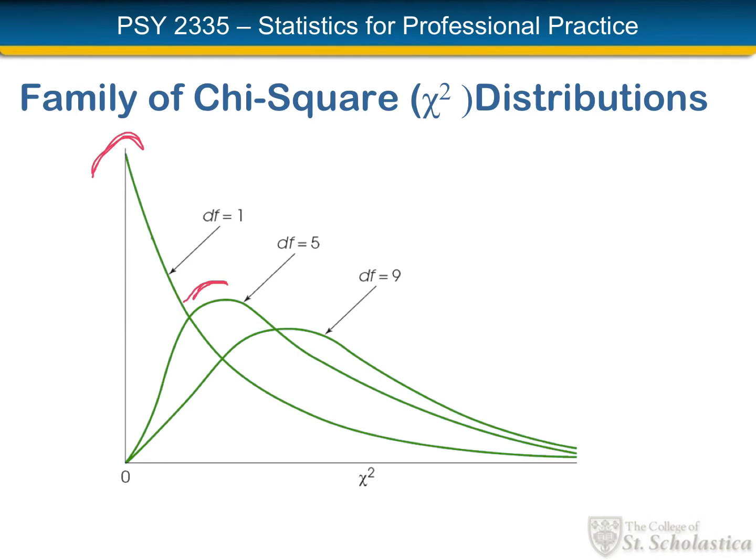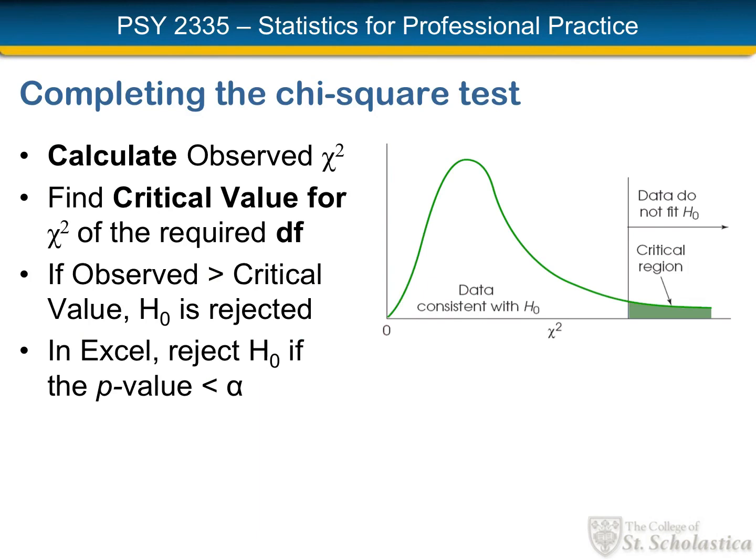And as we get a larger and larger number of categories, the highest point of the curve moves to the right. But all of the curves have that same positively skewed shape with a tail going out to the right. So to actually carry out our test, we calculate our observed chi-square using that equation that we saw a few slides ago.